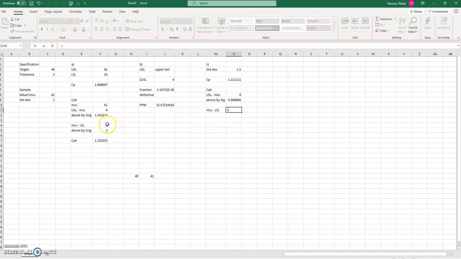Let's copy this one, and then do above divided by 3 sigma, which is equal to this divided by 3 times the 6 sigma here, 1.33. Now I have to choose the smaller of the two, the minimum. So the minimum is 0.88.